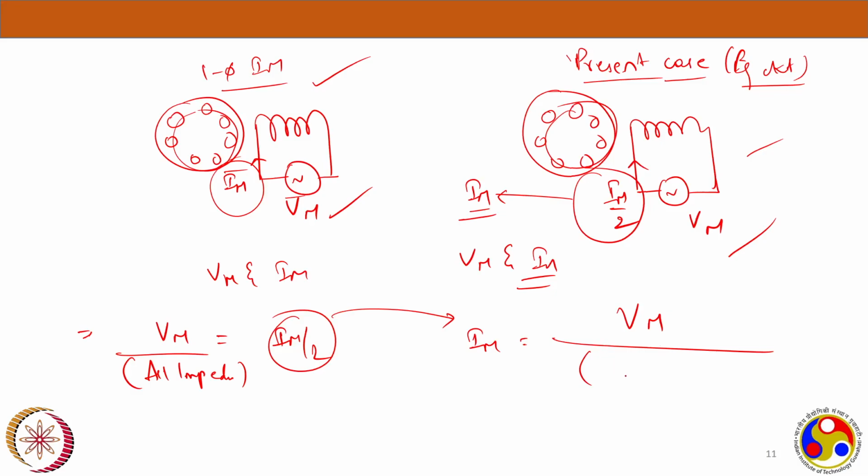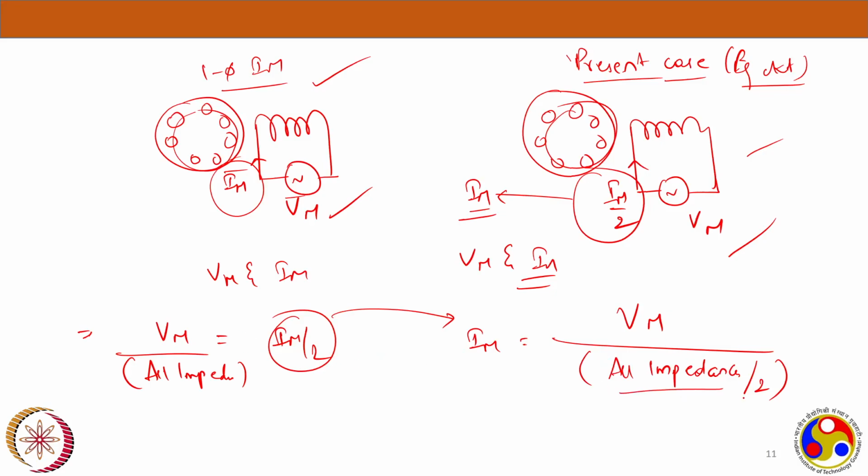If I make all the impedances half, I just send this to this side and take it in the denominator.